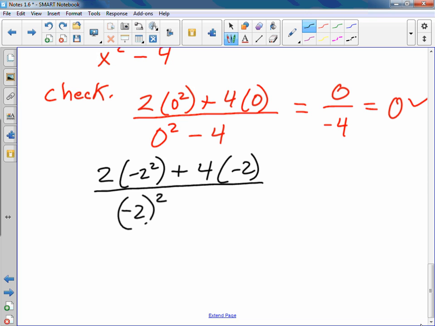Oh, and this actually is bad. I should probably go negative 2 squared like that. Okay, and what is happening here? Minus, equals.